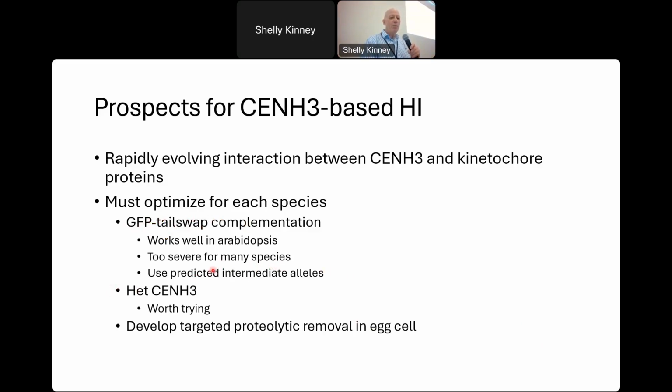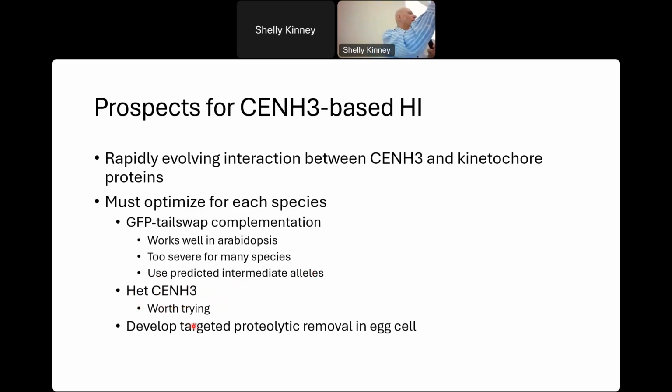I would use predicted intermediate alleles and try to test a range of SNH3 alleles that you think may give you a phenotype. The heterozygous SNH3 is worth trying, and I would recommend trying to set up your CRISPR in such a way that you can mutagenize only one SNH3 and leave it heterozygote.